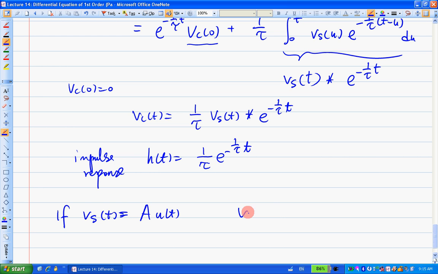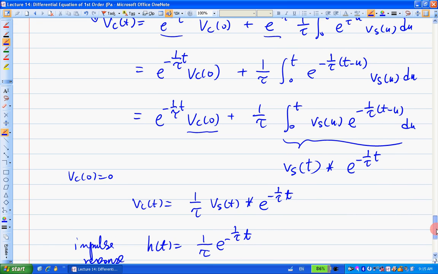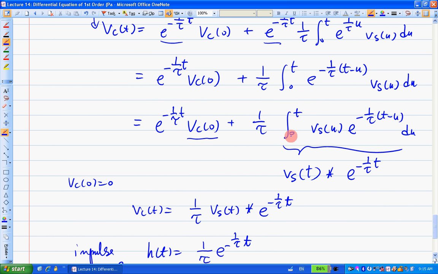So basically, VS(u) equal to A u(u). But what you notice is the u changes from 0 to t, and you know the unit step function is 1 when t is greater than 0. So you don't have to leave that u there.